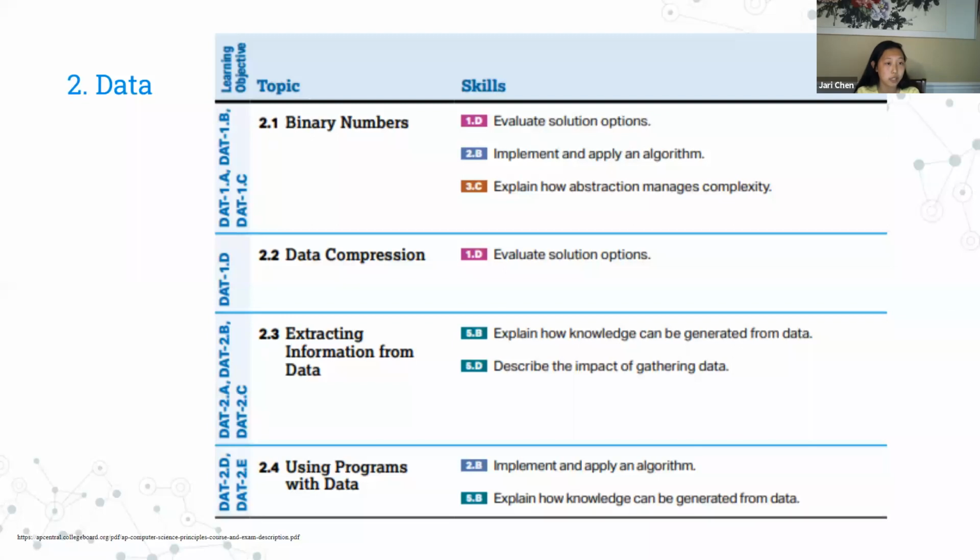So the next portion is data. As time progresses, we're getting more and more data into our systems. Data is just information. In this case, we're talking about computer data, so information for computers. The first topic is binary numbers. I think most of you will know this, but binary numbers are just ones and zeros.